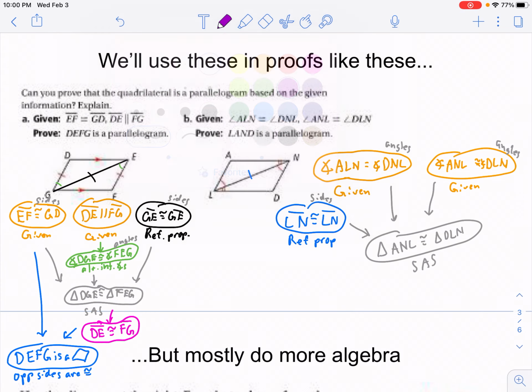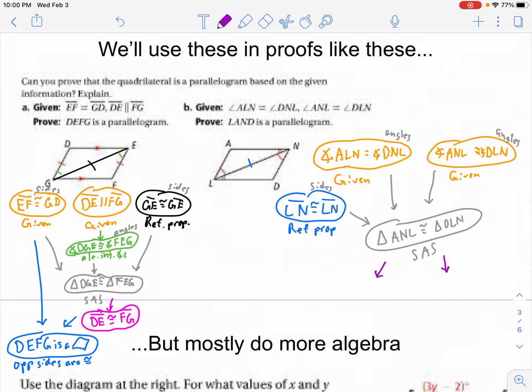Then we can use CPCTC to say either the sides or angles are congruent, though the sides are simpler.